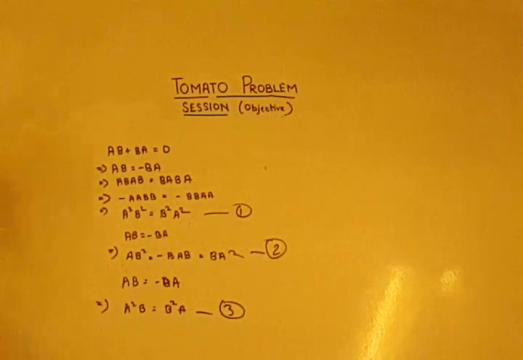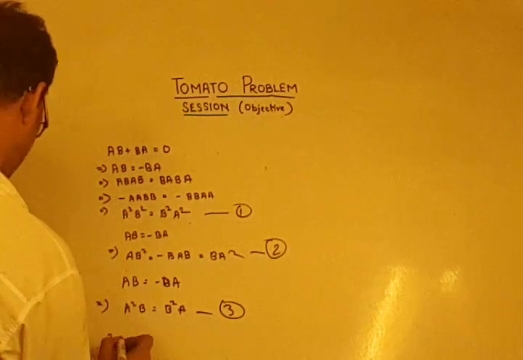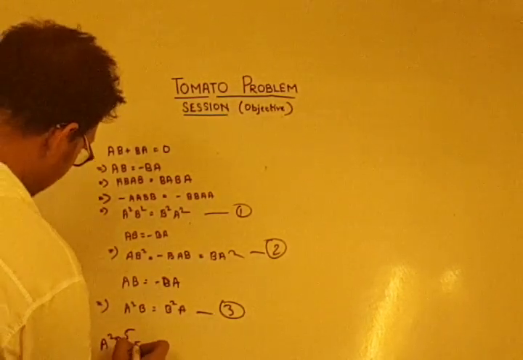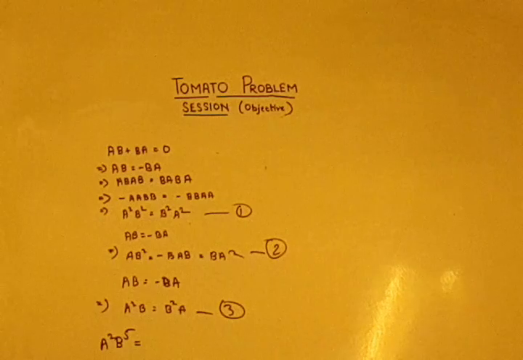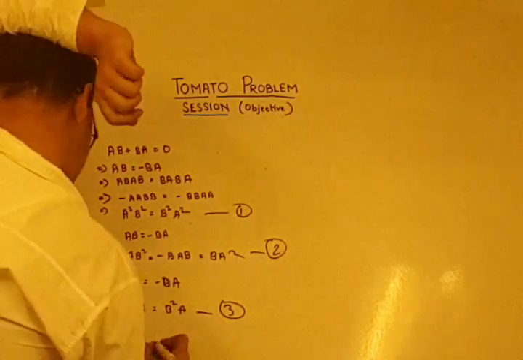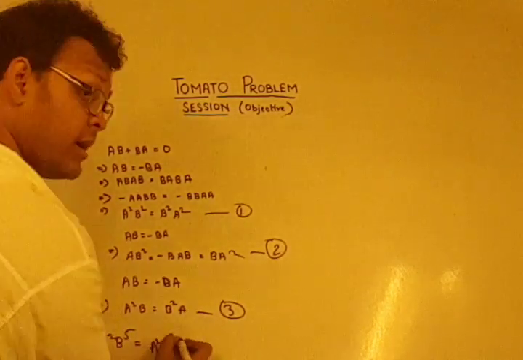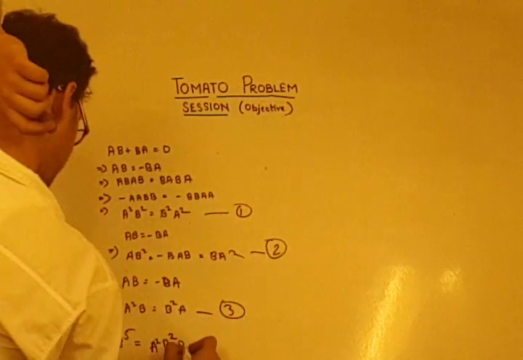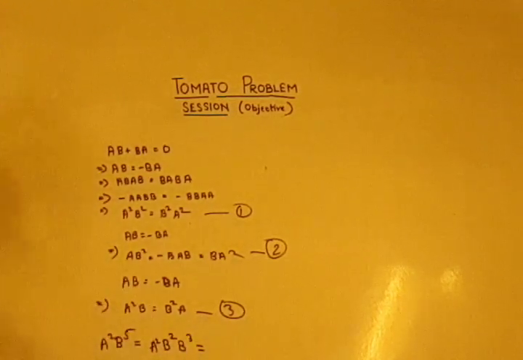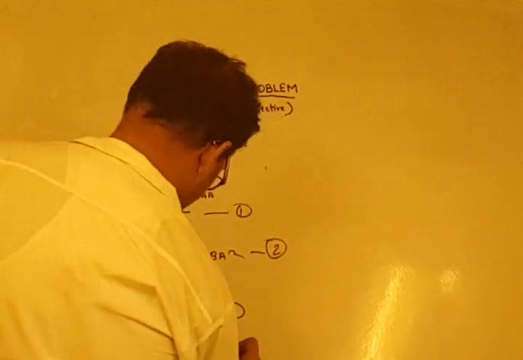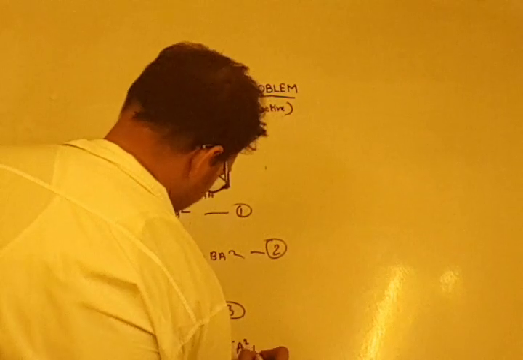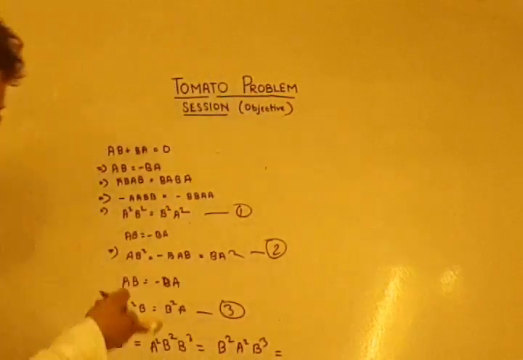Now A squared B to the power 5. What was my resulting expression needed? A squared B to the power 5 can be written as A squared B cubed, A squared B cubed, which equals B squared A squared B cubed, by associativity, or we can apply the results there.